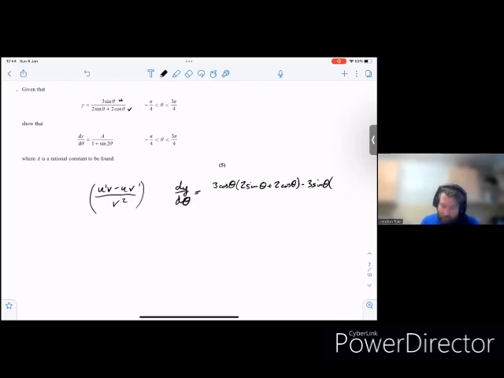So we need to differentiate 2 sine theta, which becomes 2 cos theta, minus 2 sine theta. So that's v dash, all over v squared, which is 2 sine theta plus 2 cos theta squared.